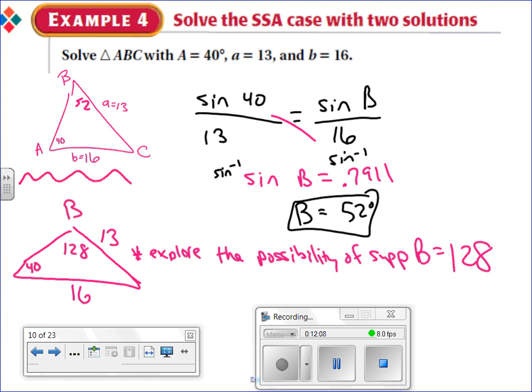And we'll kind of split the workload. If you're sitting on this half of the room, you guys are going to finish out triangle 1 for me. And if you're sitting on this half of the room, you guys are going to finish out triangle 2 for me.